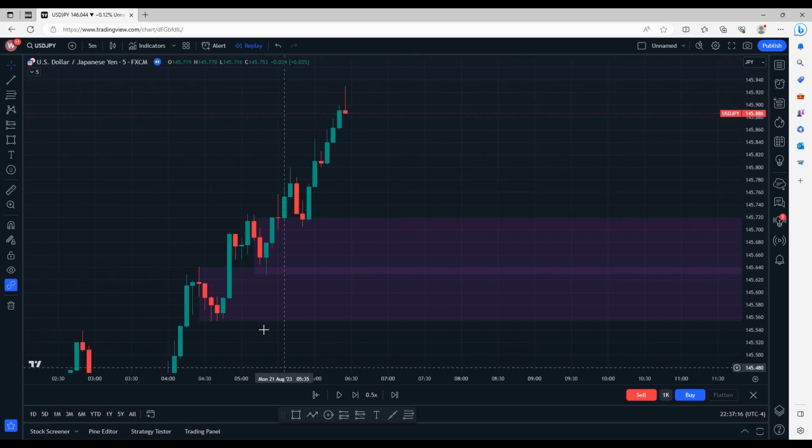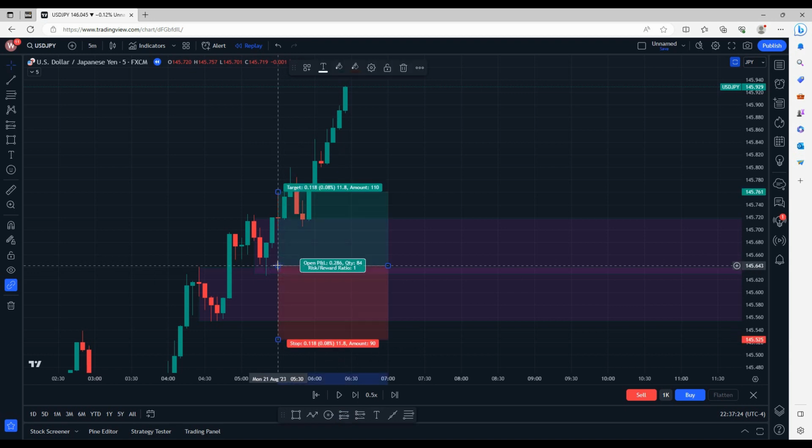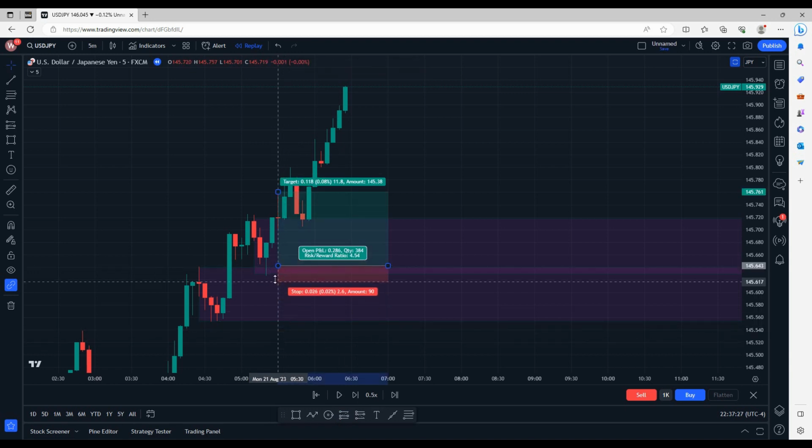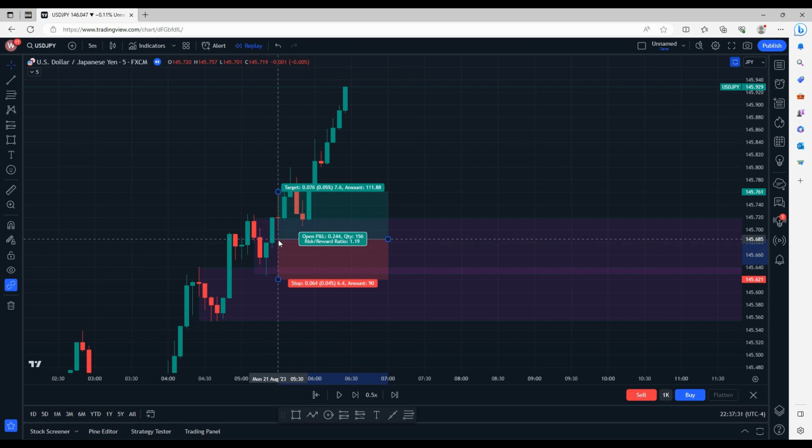I'll just pause here. So let's say you would have gotten into this zone where it hit that zone. Here we go.